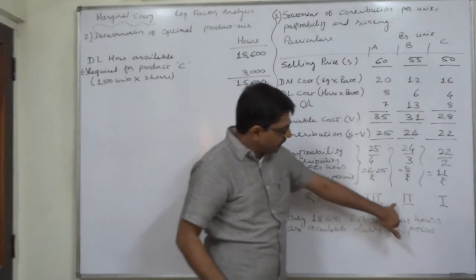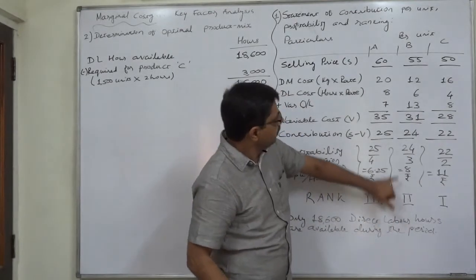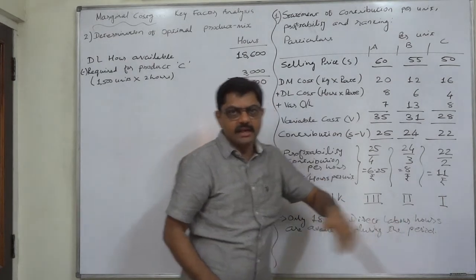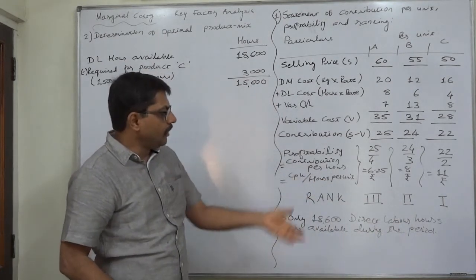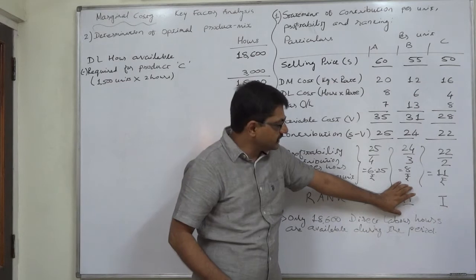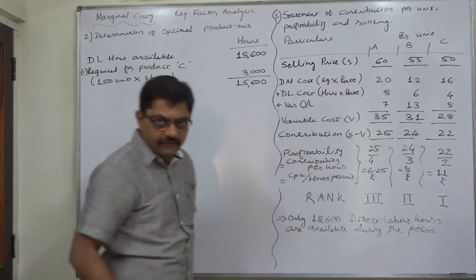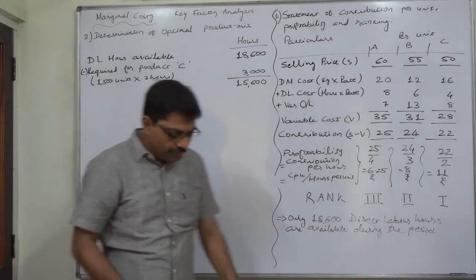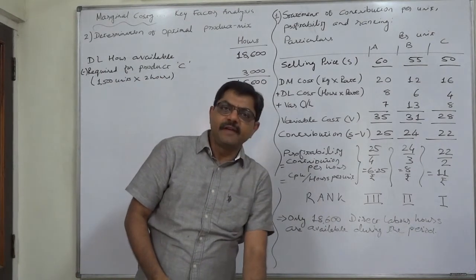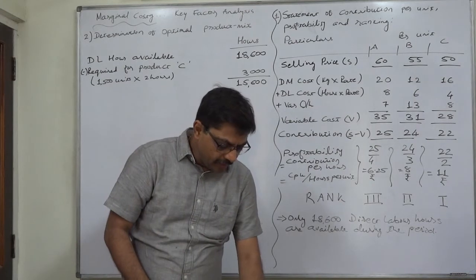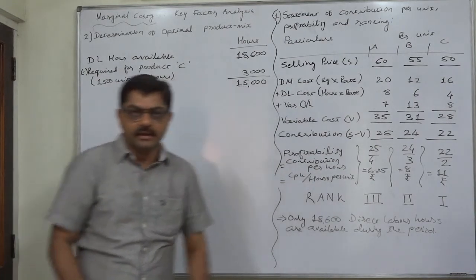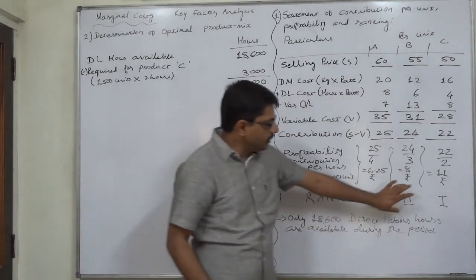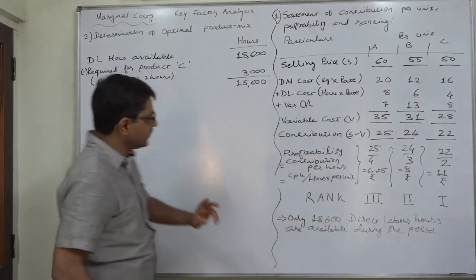Now according to the first statement, rank 2 has been assigned to product B. That means now we should go for planning of production and sales of product B. If it is possible to satisfy the whole demand of B, we should go for that. The demand of B is 5,000 units and the per unit requirement of hours is 3. So to satisfy the whole demand of product B, we need 15,000 hours.